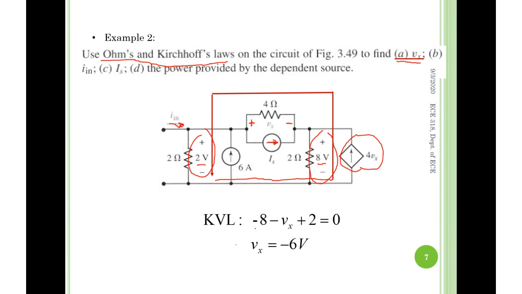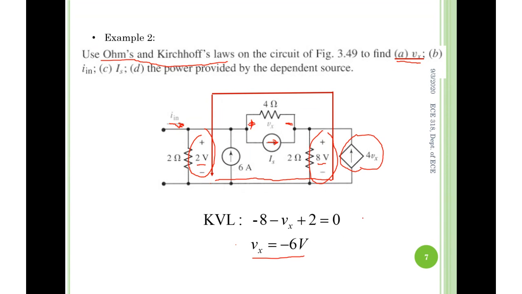Therefore it's negative 8. Then you come across the negative of Vx, so it's negative Vx. Then you come across the positive of 2 volts, that's why it's positive 2. The summation is 0. So Vx turned out to be negative 6 volts with this labeled polarity, of course.